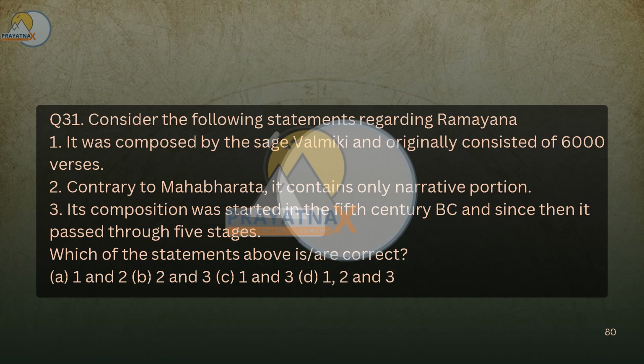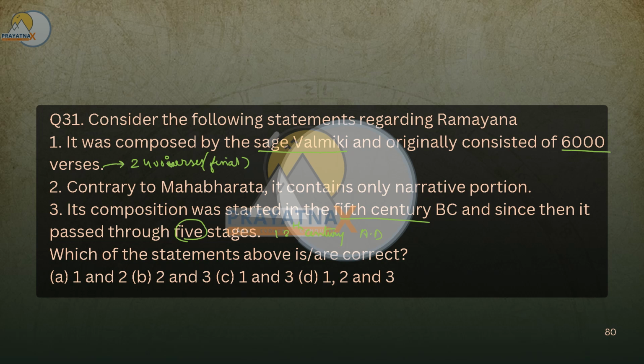Now, Ramayana is indeed composed by sage Valmiki, and it consisted of 6,000 verses, and its final edition contained about 24,000 verses. And as far as the composition is concerned, it did start in the 5th century and it passed through 5 stages, and the 5th stage is considered to be as late as the 12th century AD.